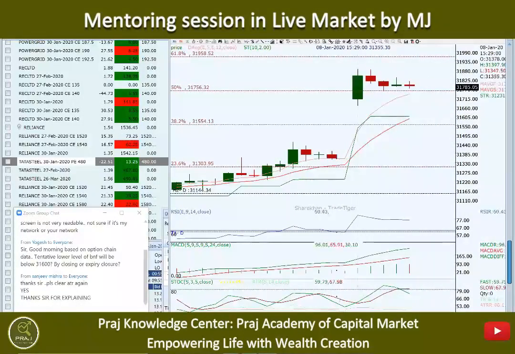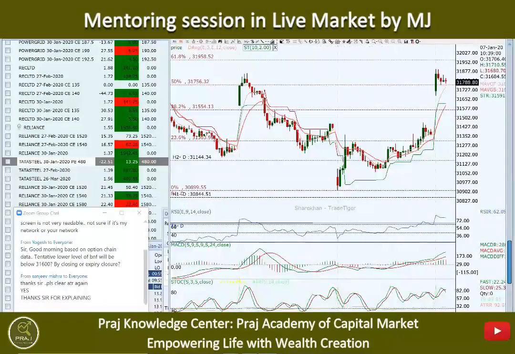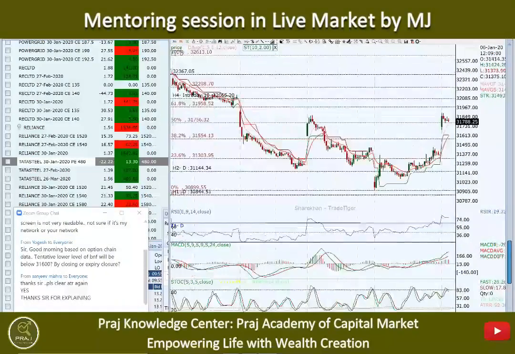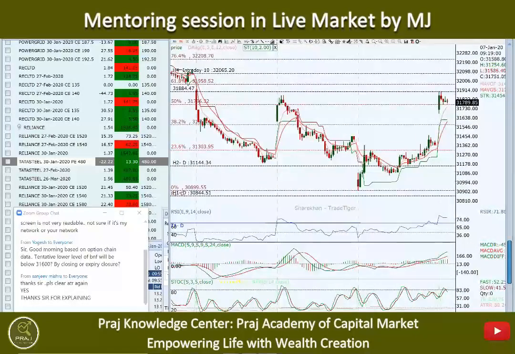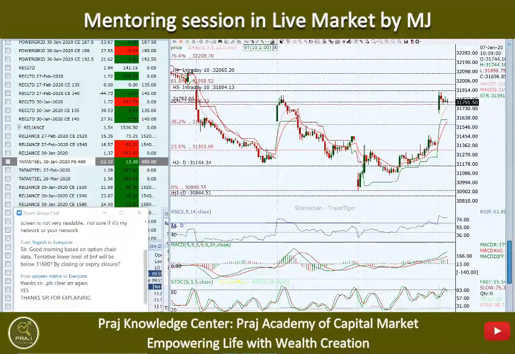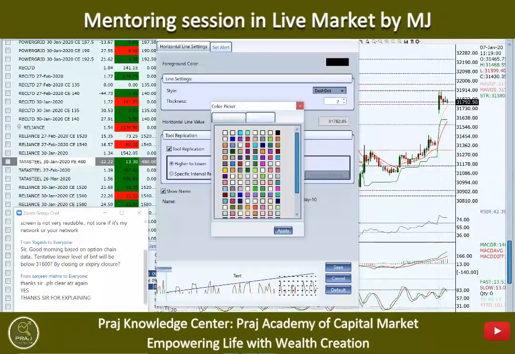Kind of bearish Harami structure at this distribution zone. Always keep your eyes very open so that quickly you can mark this distribution zone. Let me give it a different color.